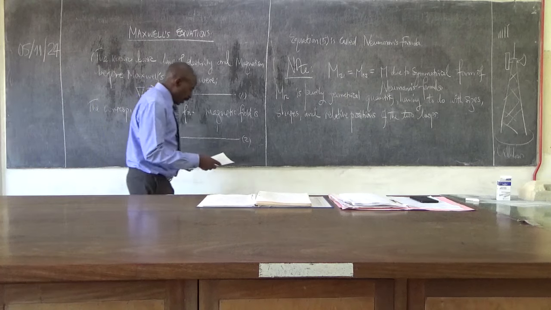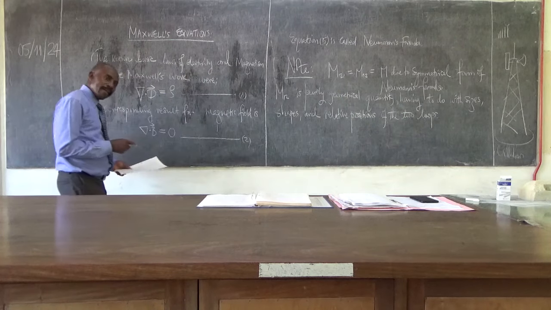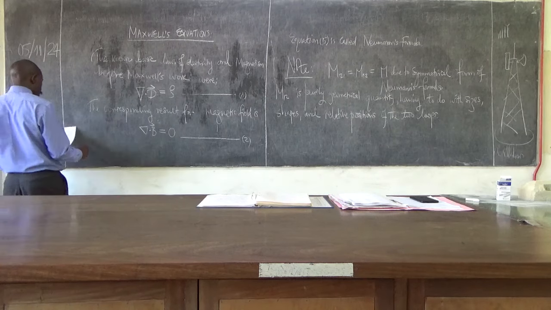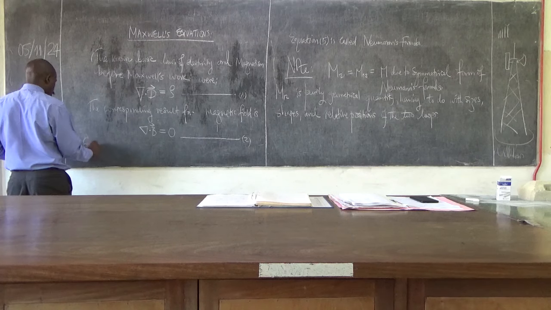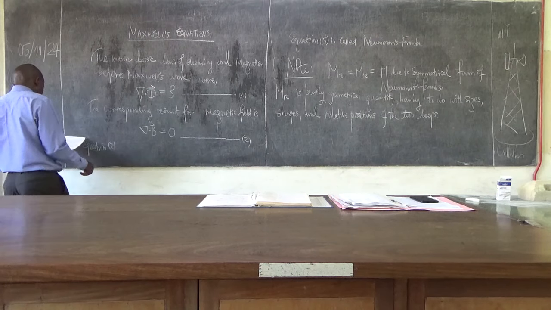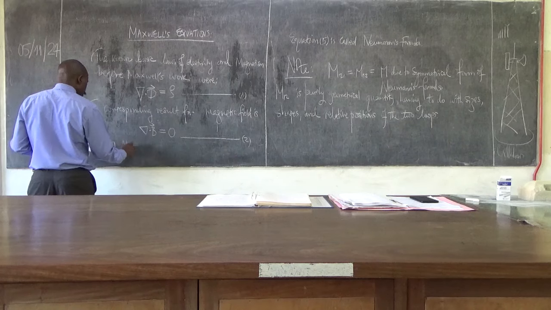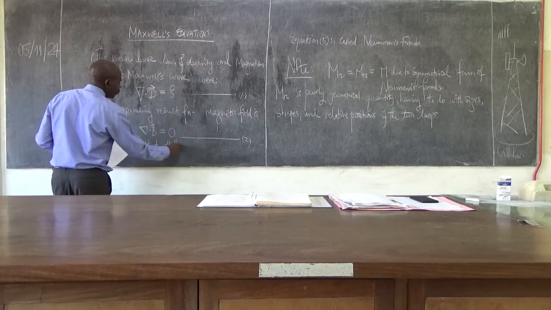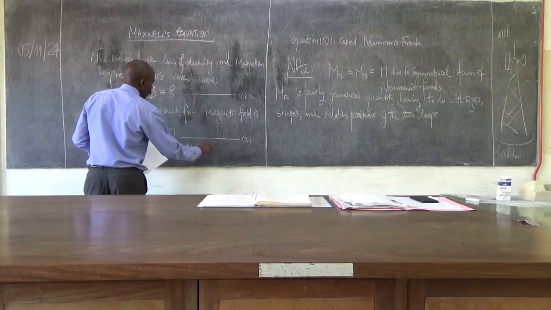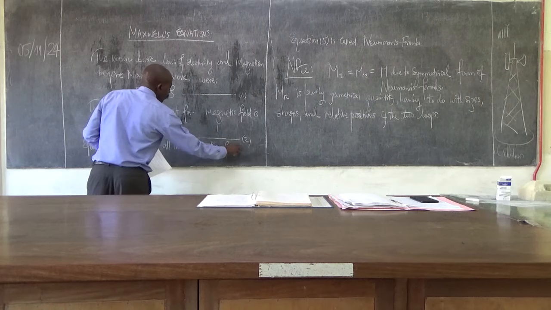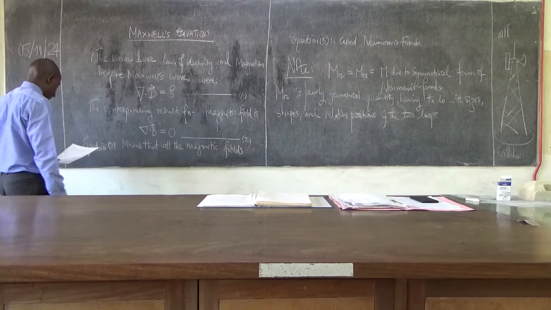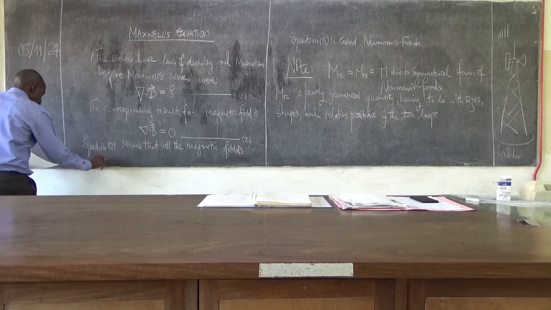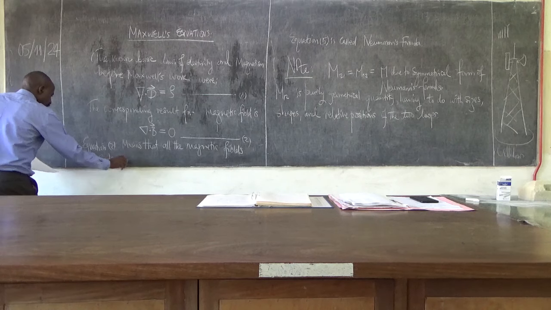So equation 2 means that the field lines are continuous. You try to touch them, they disappear.